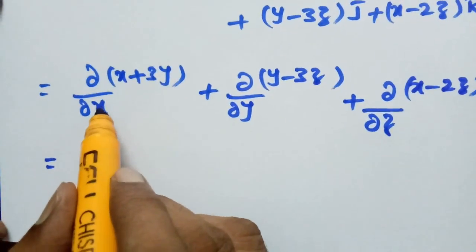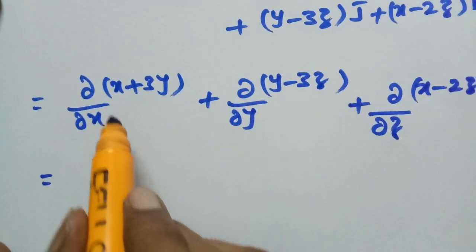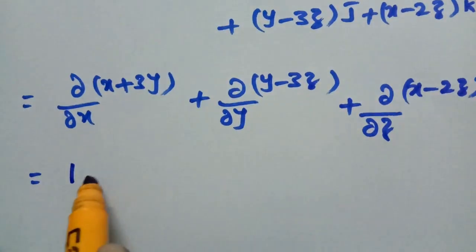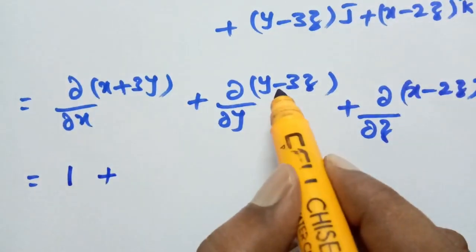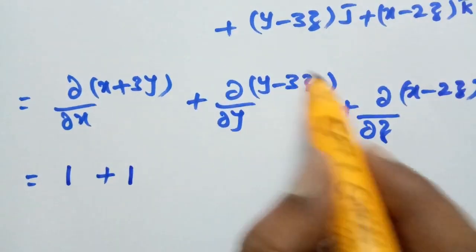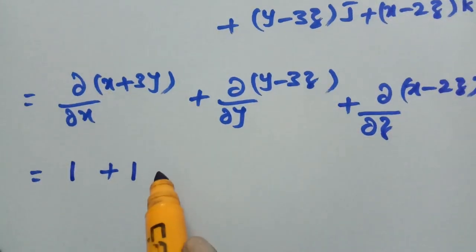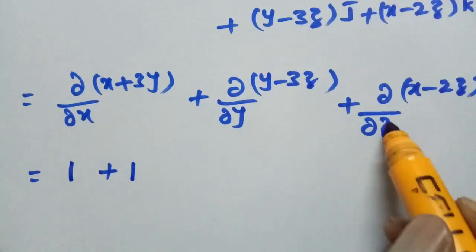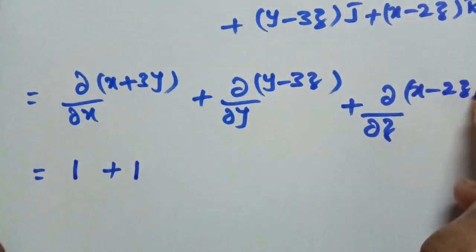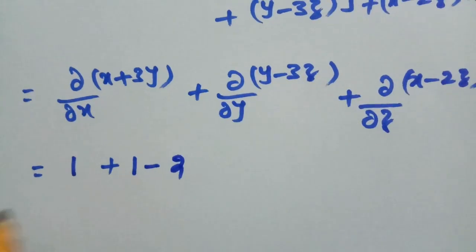Therefore, this is equal to partial derivative of x plus 3y with respect to x. Therefore, derivative of x is 1, 3y is a constant, 0, plus derivative of y is 1 with respect to y, 3z derivative is 0 since constant. Next, with respect to z, x is a constant, 0, 2z. Therefore, derivative of minus 2z is minus 2 into 1.